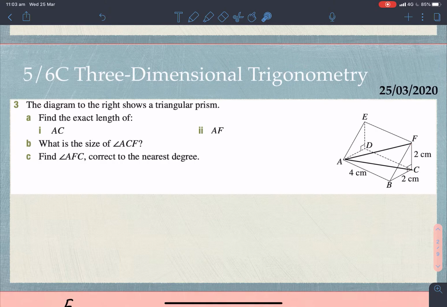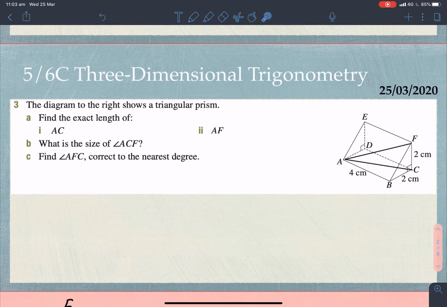CF is perpendicular to DC, or BC. It basically means CF is perpendicular to the plane ABCD, so any line on there is perpendicular. So that means angle ACF is a right angle because CF is perpendicular to AC.